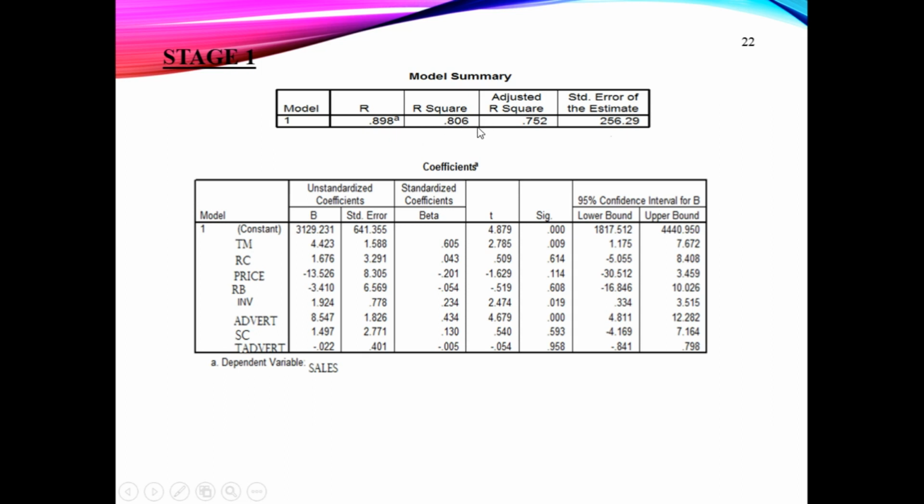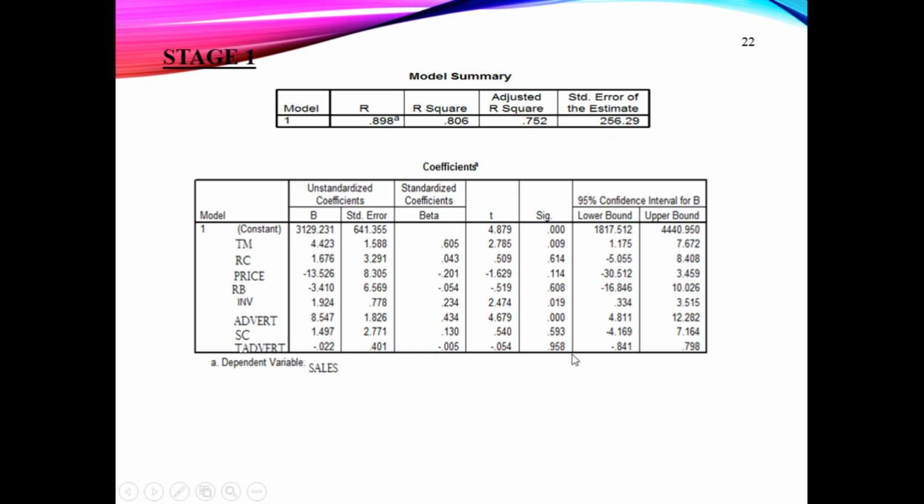That is not bad because it's very close to 1, but we can improve it by removing some of the variables. At this stage, total advert of the branch has the highest p-value.